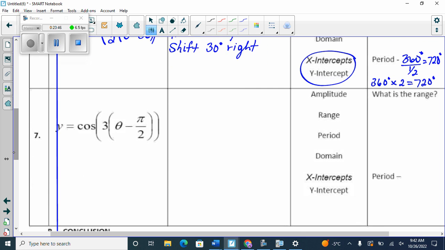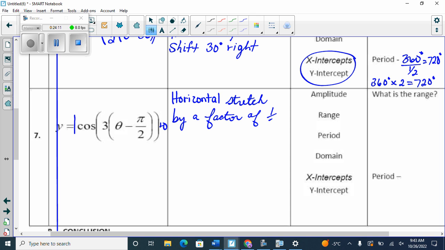We have a 1, and a plus 0 at the back. So here we have a horizontal stretch by a factor of 1/3 about the y-axis.